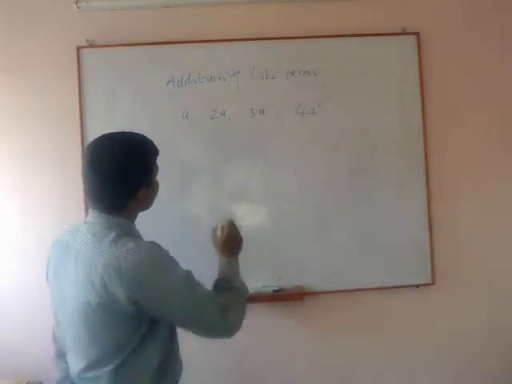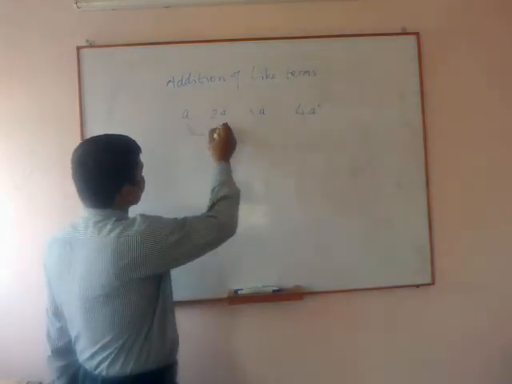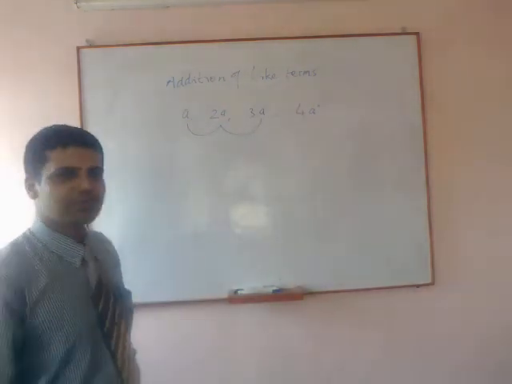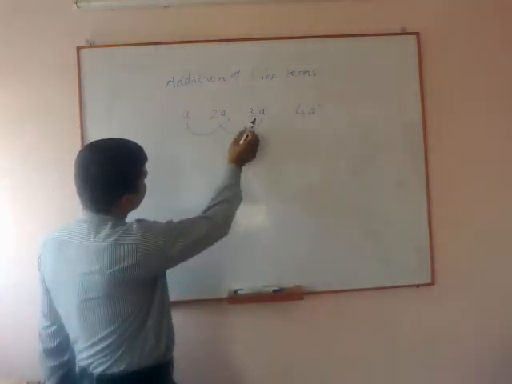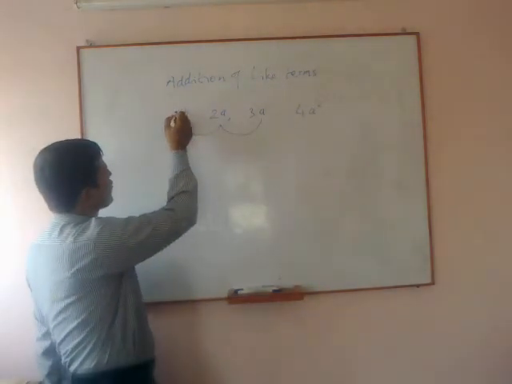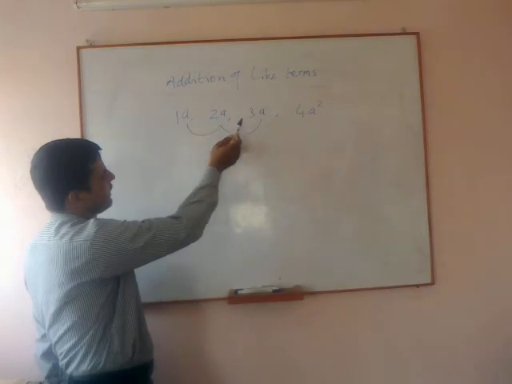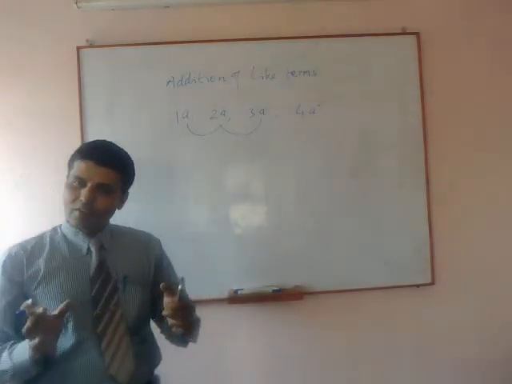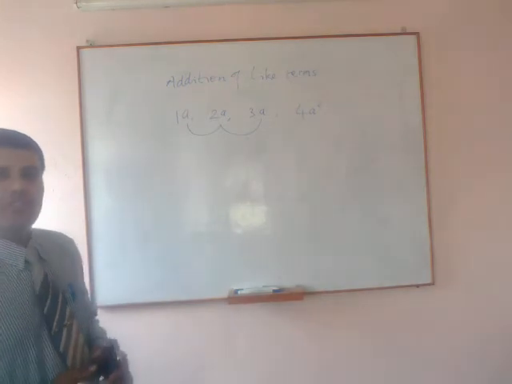Out of these terms, a, 2a and 3a are like to each other because these three terms are of the same kind. This means 1a, 2a, 3a. All the terms are saying how many a's there are.